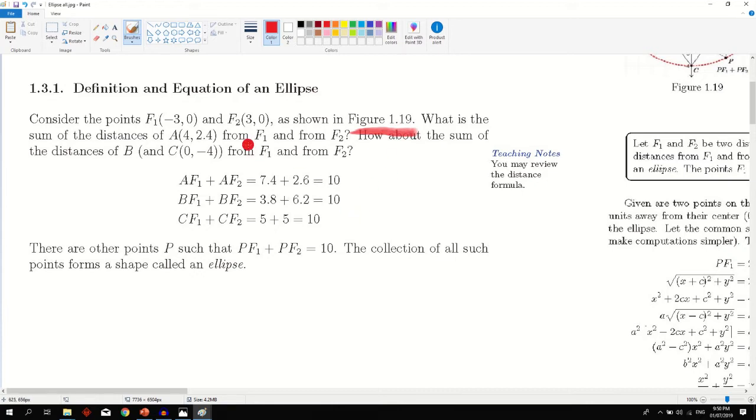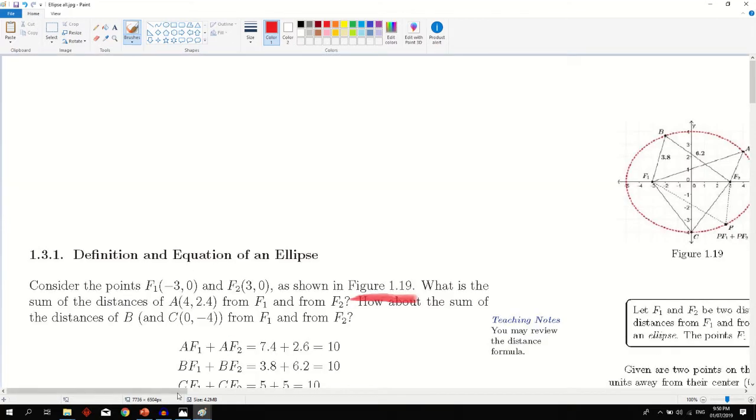1.1.19. Then we have here given, so consider the points F1 (-3, 0) and F2 (3, 0) as shown in figure 1. What is the sum of the distances of A from F1 and from F2? How about the sum for B from F1 and from F2?